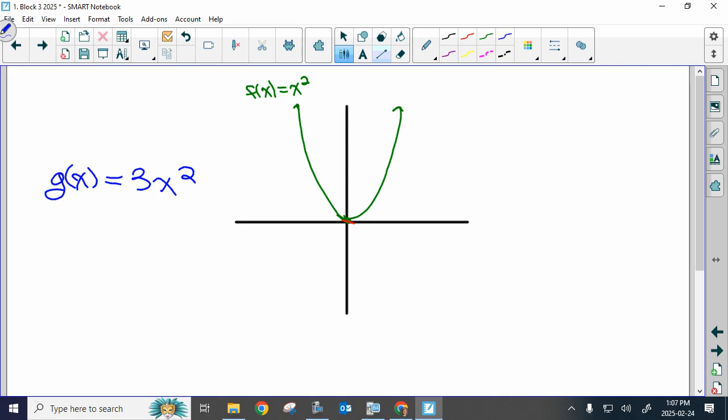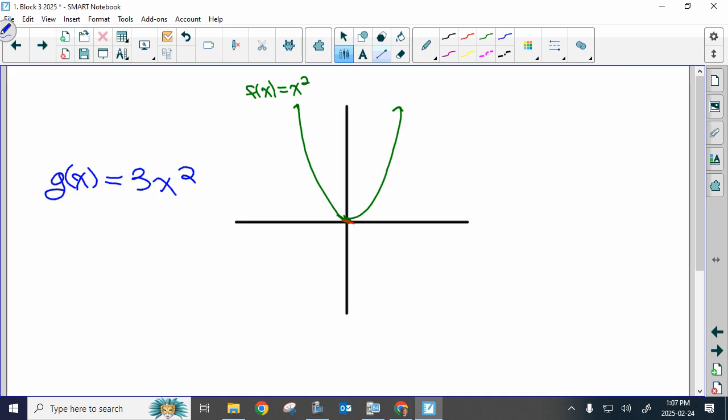If I'm pulling something 3 times further away from the x-axis, is that going to make the parabola look skinnier or fatter? It's going to look skinnier. Can you guys visibly see that this didn't get reflected across the x-axis? We're pulling away from the x-axis.